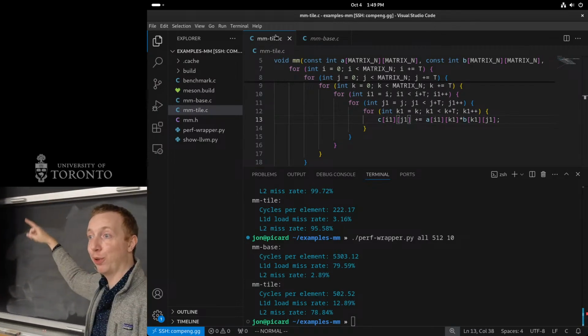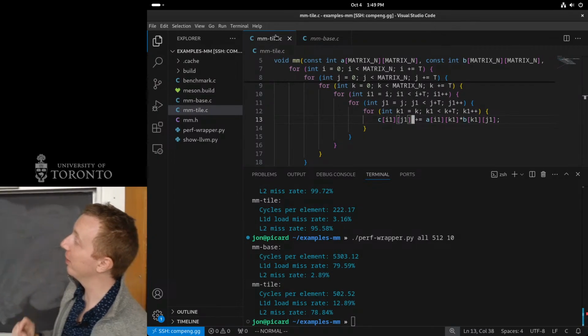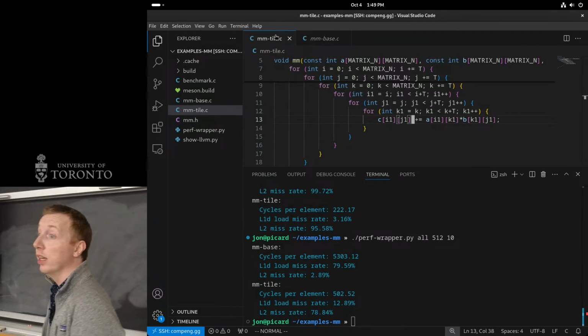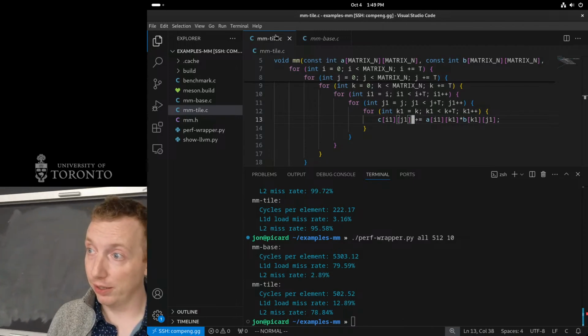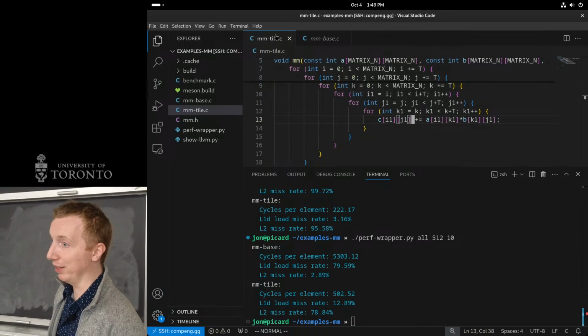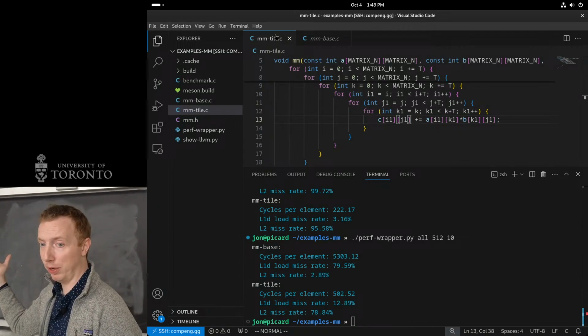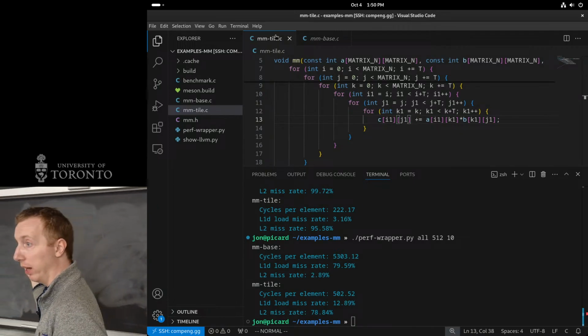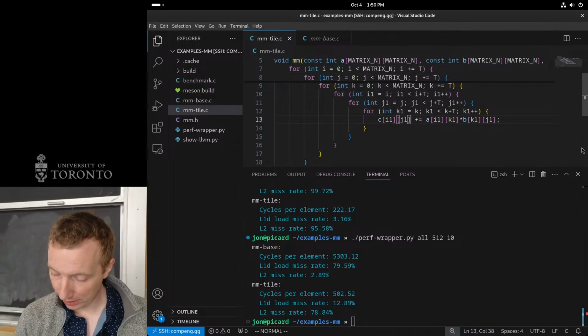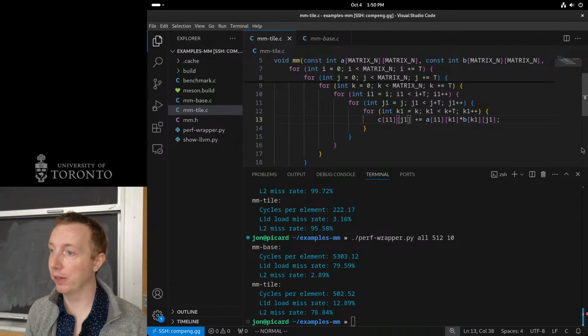Even though it looks at first glance like the person writing it is insane, it's actually a lot faster because it accesses memory in a much more cache friendly way. So, any questions about that? Cool, right? Tiling, very, very good.